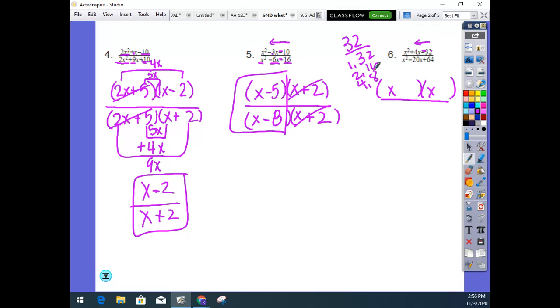And the only ones that subtract to get 4 are 4 and 8. Plus 8 minus 4. X and x. Now we need them to add to get 20. 1 and 64. 2 and 32.